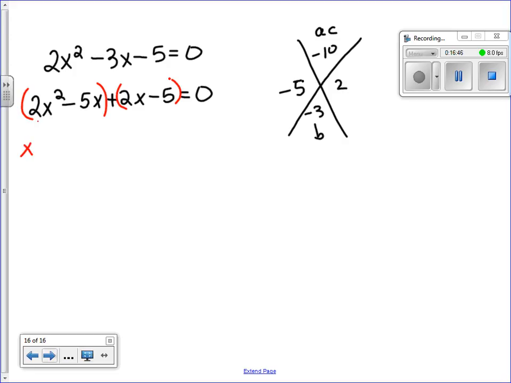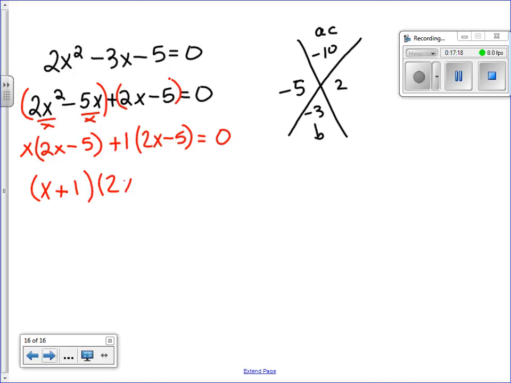X. What's that going to leave me with? Alright. Does anything come out of this back group? No. But I gotta have something. So what do I divide by that doesn't really change it? Right, so I'm going to put 1. Do they match? Yeah. So that means that at one point in time, this was x plus 1 times 2x minus 5.